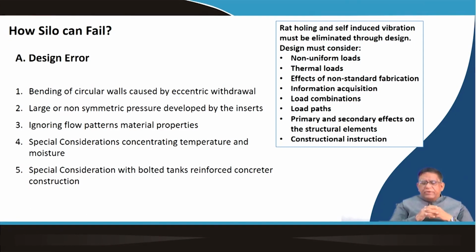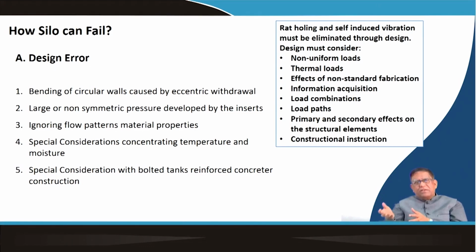Then the primary and secondary effects on the structural element: when you do the structural analysis, you will find that after certain things have happened, say an extra load has come and you have another column member, secondary stress will be developed, which can be detrimental.